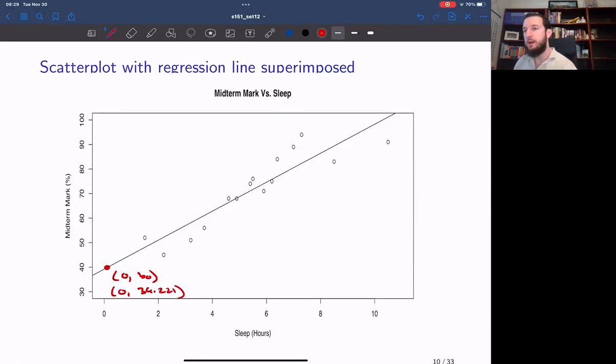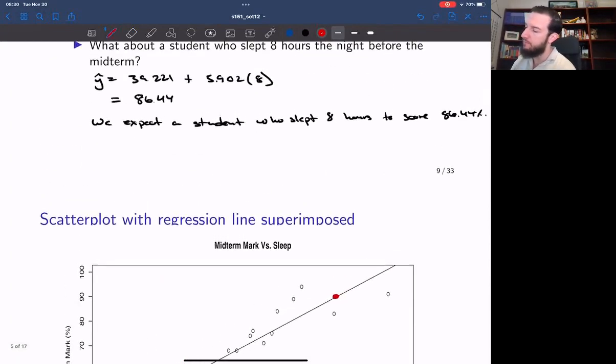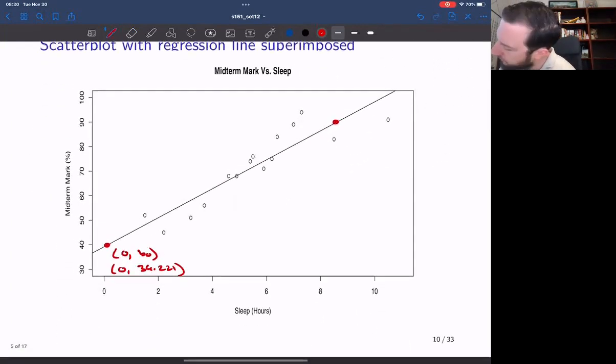Okay, and this is, again, because the y-intercept is the value of y when x is equal to 0. And you can see that just by plugging 0 into the regression line. Okay, another point that we can use would be 8 and the value that we found on the previous slide. So we found when x is 8, y hat is 86.44. So this point here would be 8, comma, 86.44.